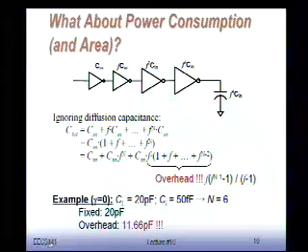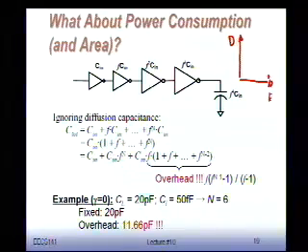Actually, the best way to look at it would be to plot my delay. Let me see if I have a curve here. This is energy, and this is delay. If I want to get to the absolute minimum delay, you want to be somewhere up here, and I can do that by this optimal sized inverter. But in reality, there's a whole bunch of different solutions in this space.